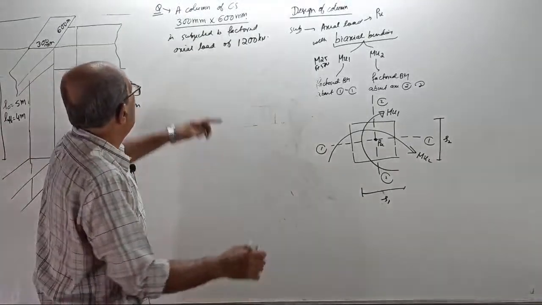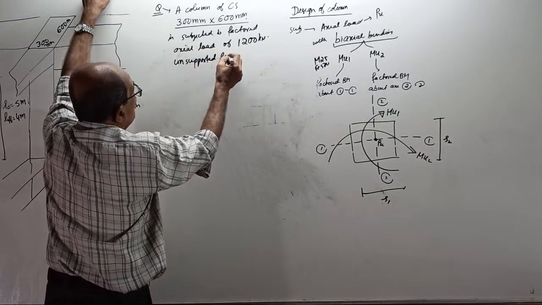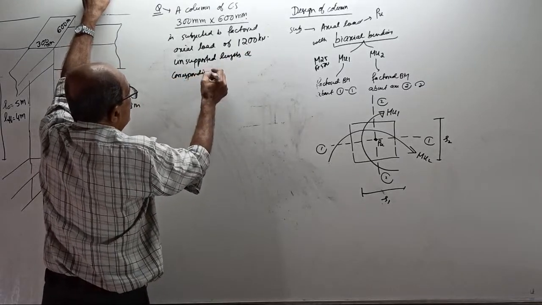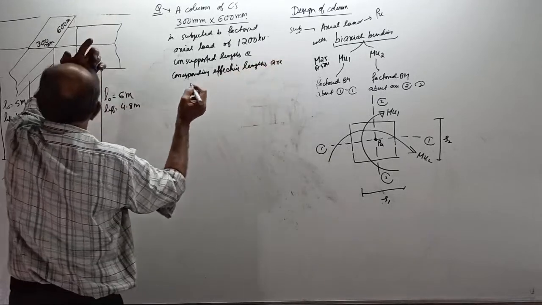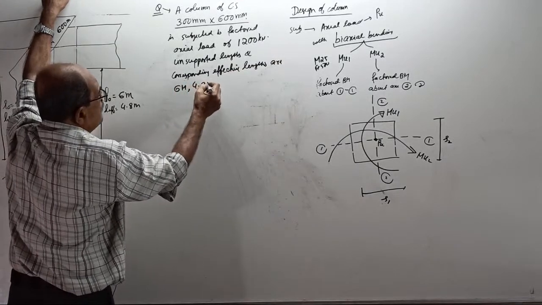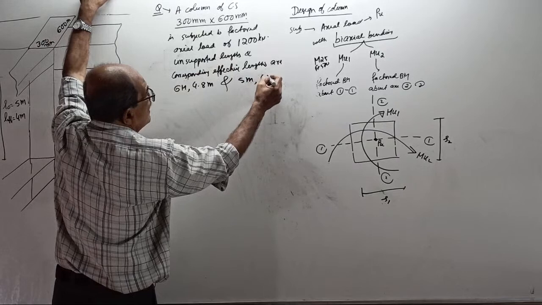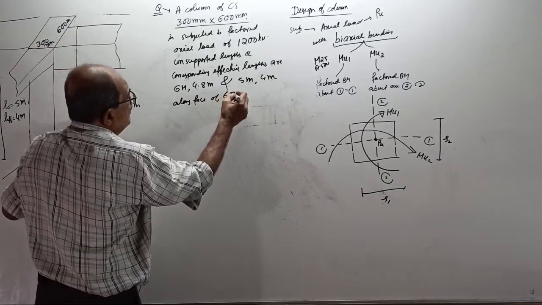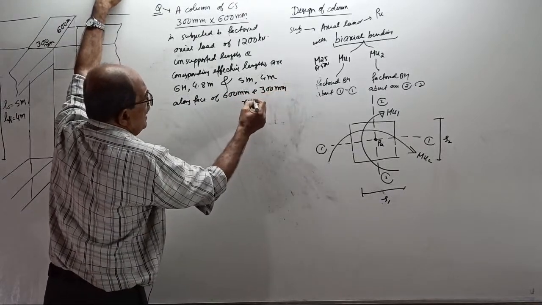Then, further, unsupported lengths and corresponding effective lengths are 6 meter, 4.8 meter and 5 meter, 4 meter along the face of 600 mm and 300 mm respectively.